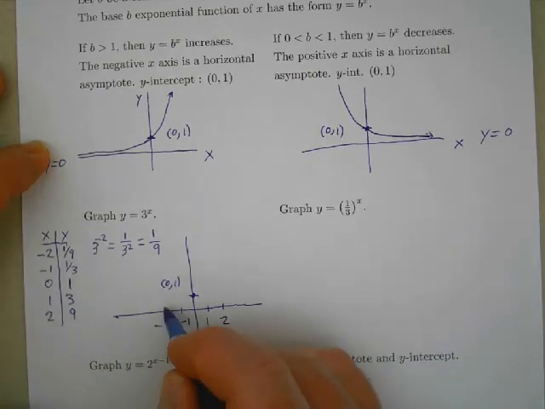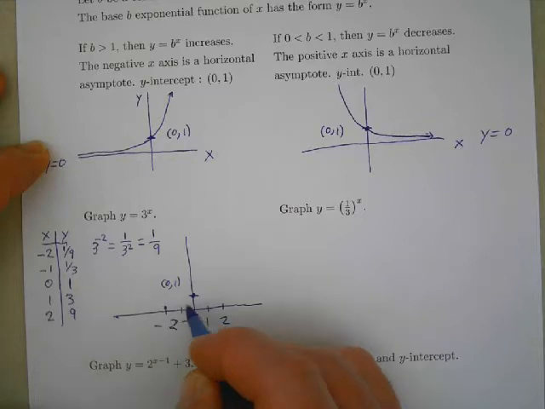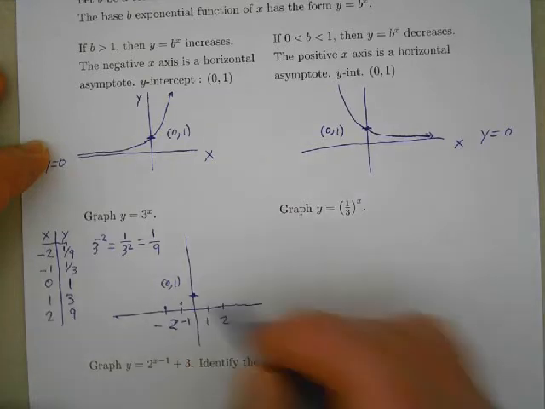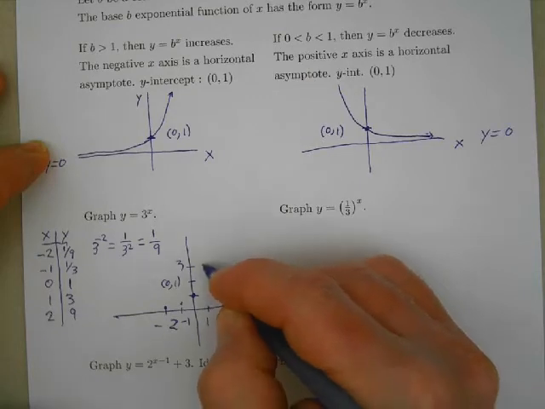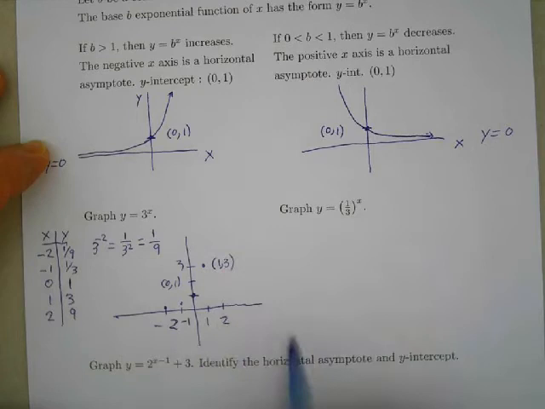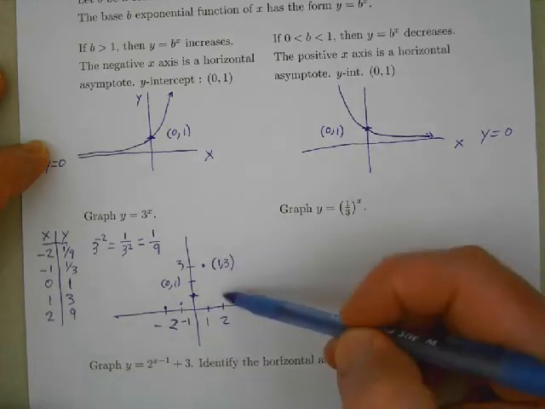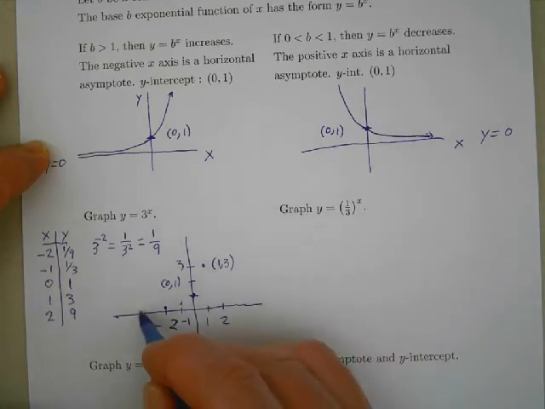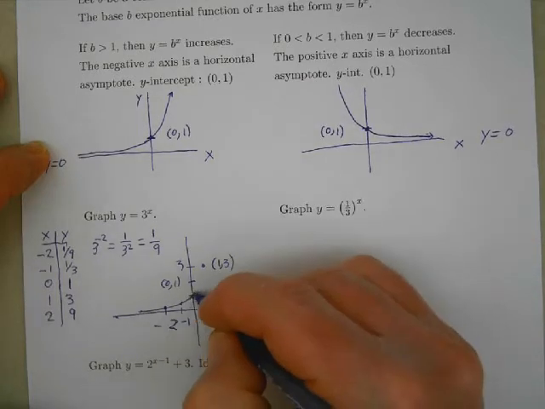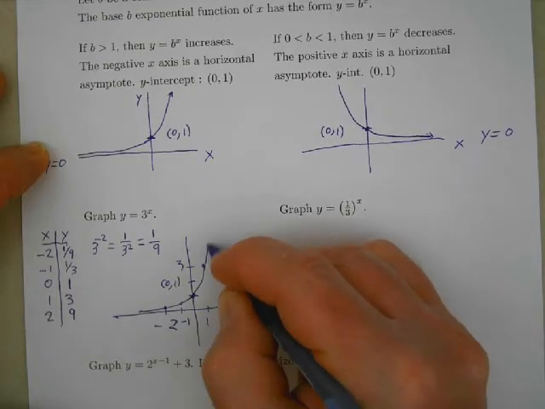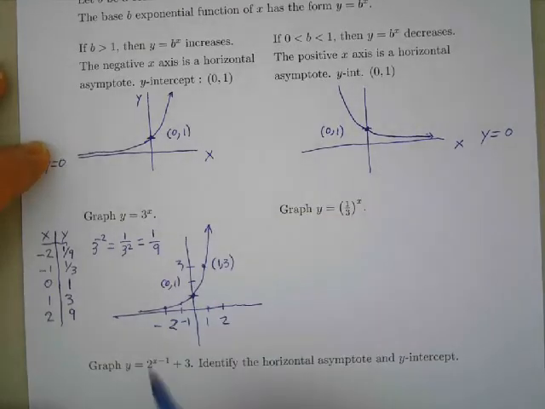So 1/9 is the y-coordinate, then 1/3. And when x is 1, the y-coordinate is 3. And when x is 2, it looks like we're off the grid already, but since the base is 3, which is greater than 1, the exponential function is increasing.